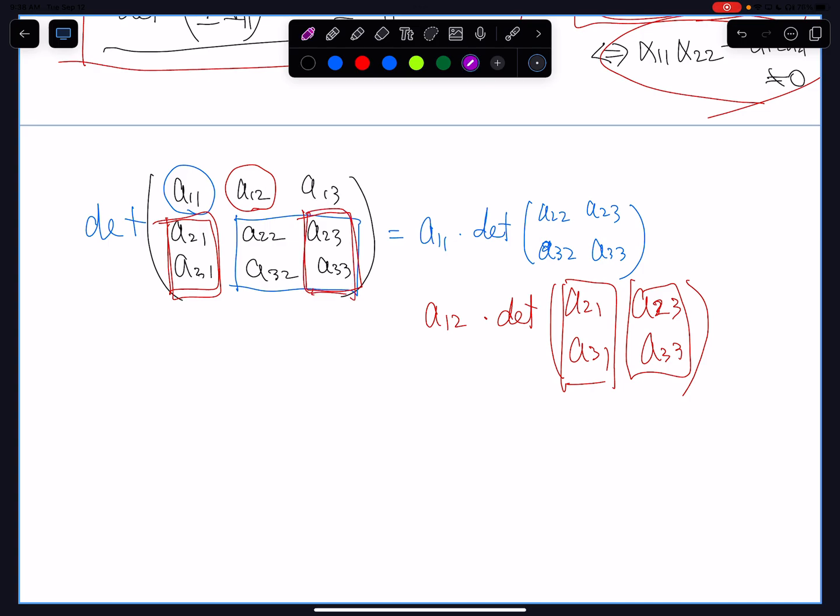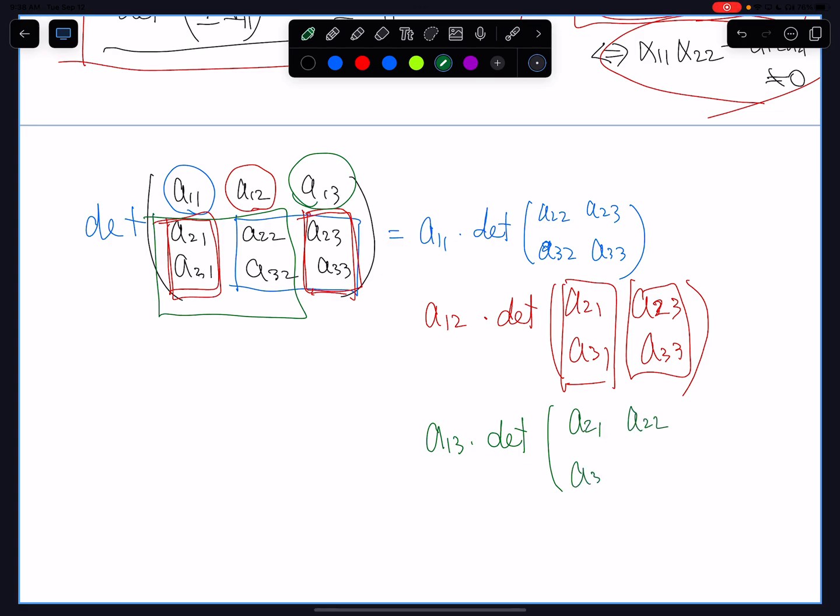And then the third one is supposed to be green, but it's not really green enough. It's okay, looks green there. A13 times determinant of A21, A22, A31, A32. And then times minus 1 to the power of 1 plus 1, minus 1 to the power of 1 plus 2, minus 1 to the power of 1 plus 3, and you add them up.